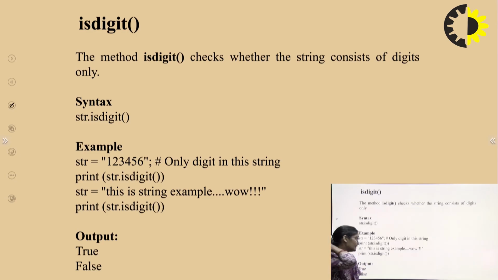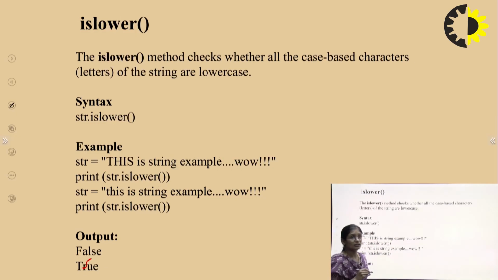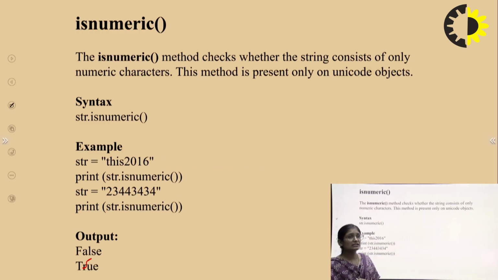Now isdigit. This method checks whether the string consists of digits only. Meaning, in this method we have to check if there is any other character. This method is only applicable for digits only. Digits means 1, 2, 3, 4, 5, only digits in the string. The isnumeric method checks whether the string consists of only numeric characters.